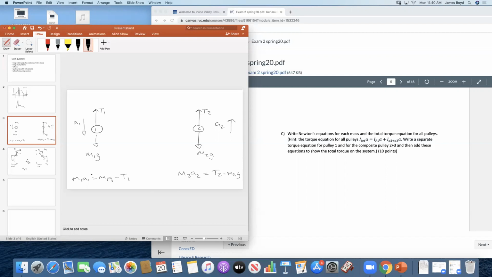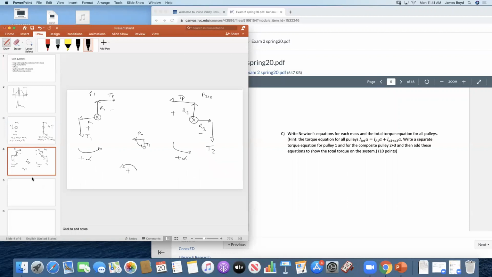You might want to, at this point, also just solve these for T1 and T2. That would be T1 equals M1G minus M1A1. And this would be T2 is equal to M2A2 plus M2G, okay? That we've done a million times, so I'm sure you're okay with that.